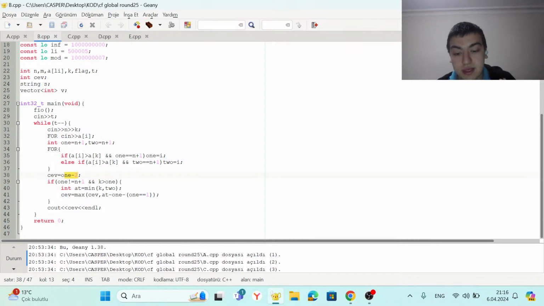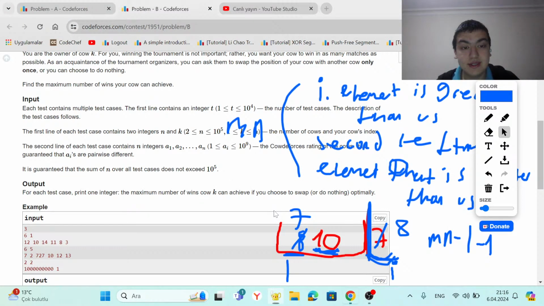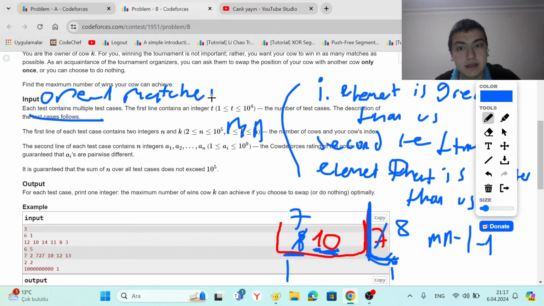When I am in the first position, the matches that I will win will be l1 minus 2, because there are exactly l1 minus 1 matches from 1 to l1, and we will lose the last match, so we can only win l1 minus 2 matches.